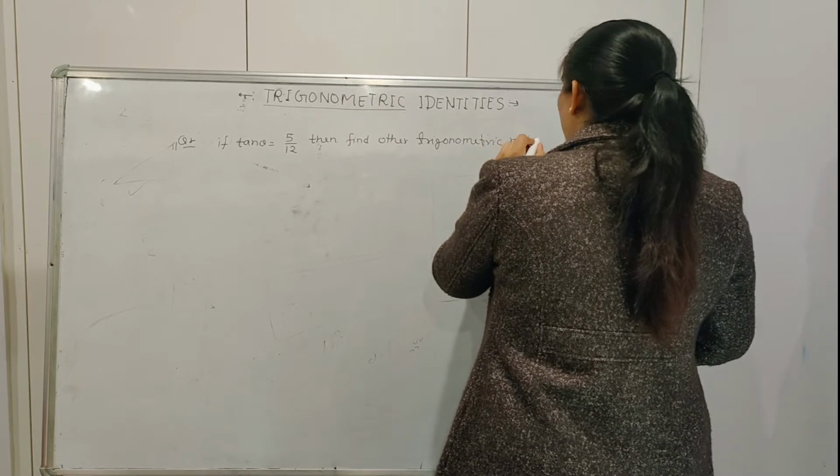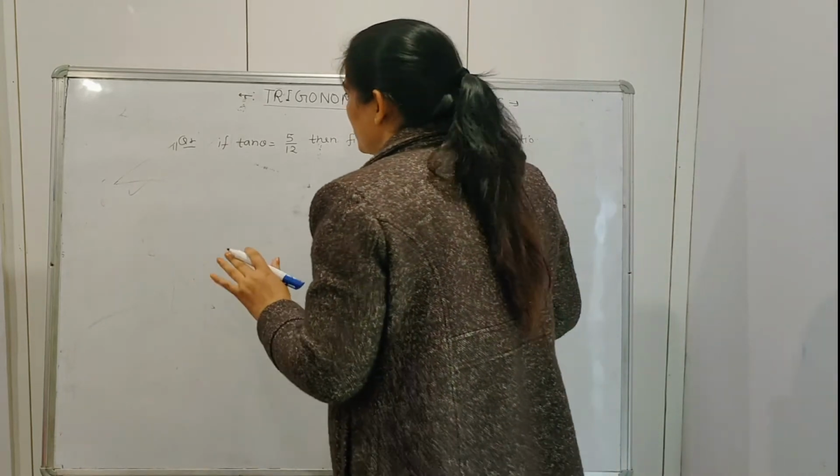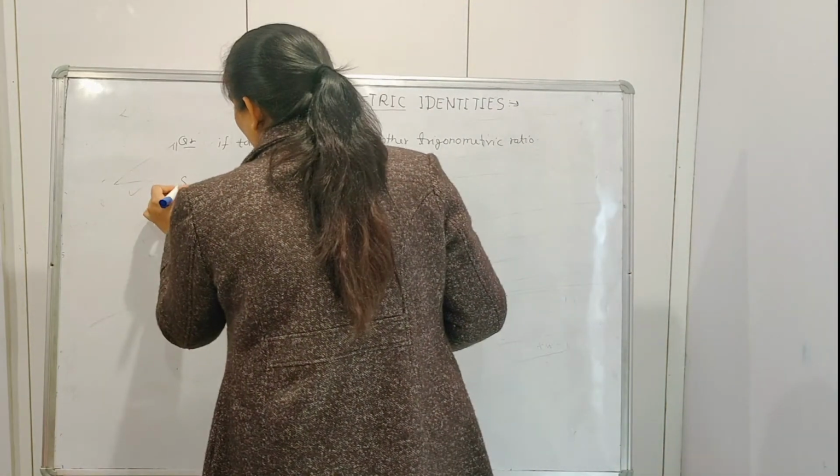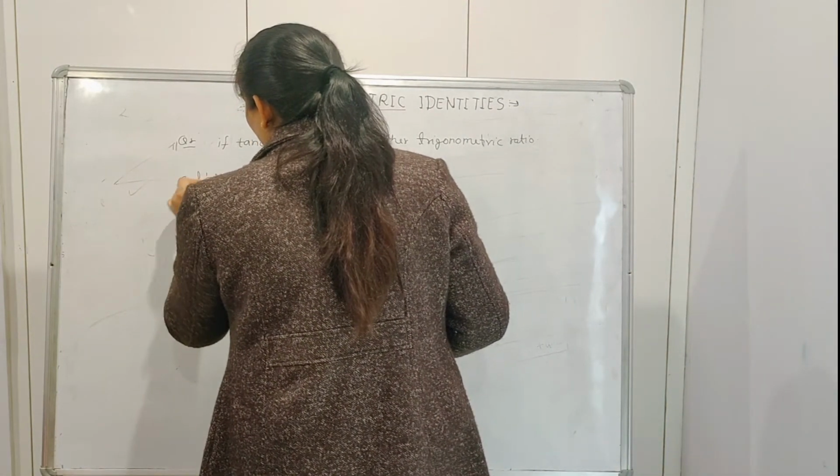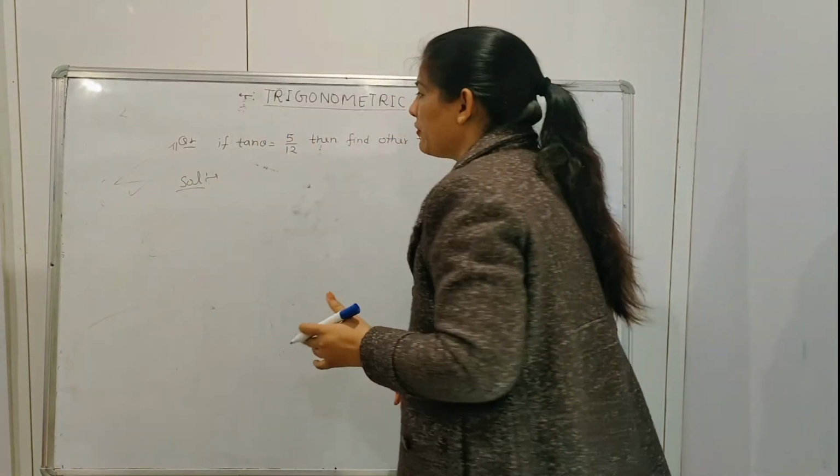And how many trigonometric ratios are there? 6 trigonometric ratios are there, and one of them is already given. So what do we have to find?